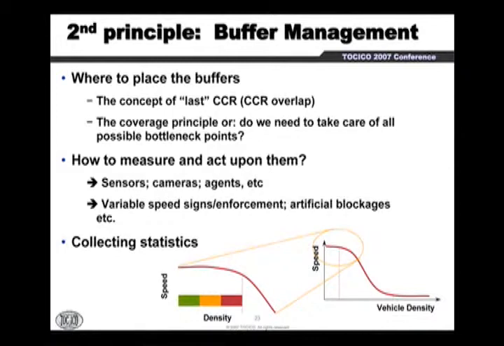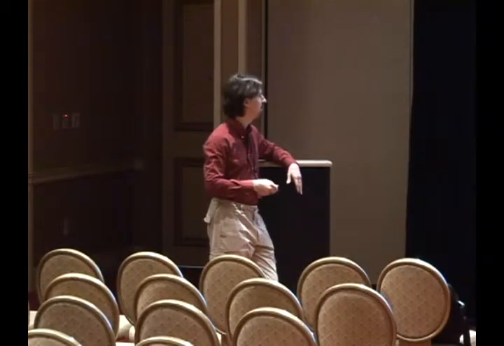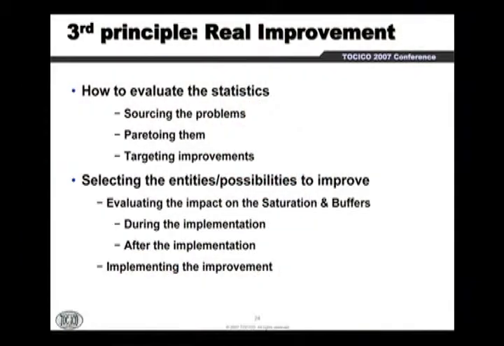And if you collect statistics of how much the traffic goes here after having some sort of limiting of the flow, of limiting of the saturation, then you can progress to the real improvement. What are the sources of invasions and things that throw you in the red or beyond the red zone of the buffer?